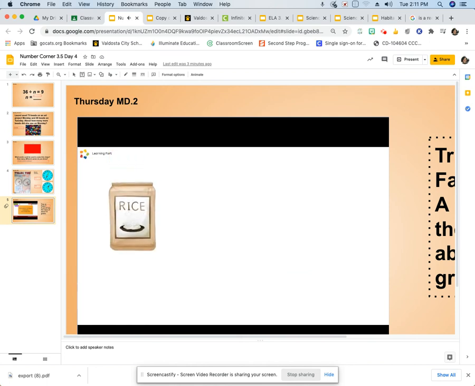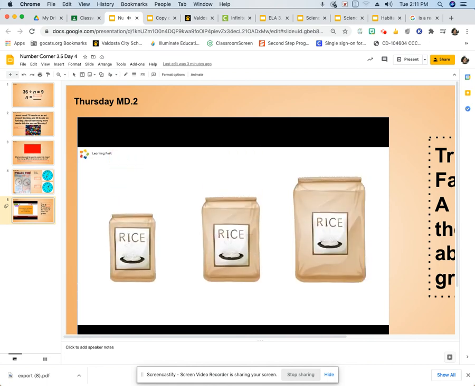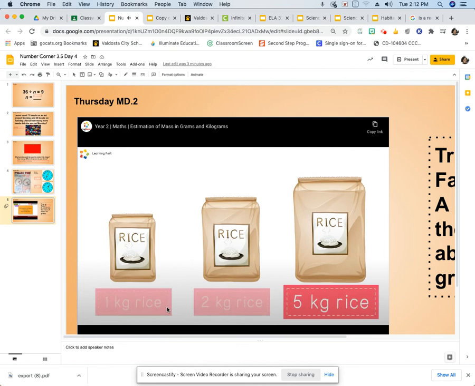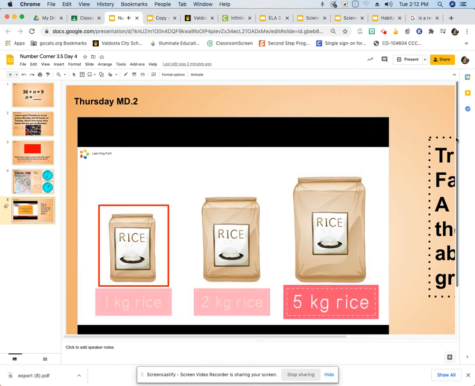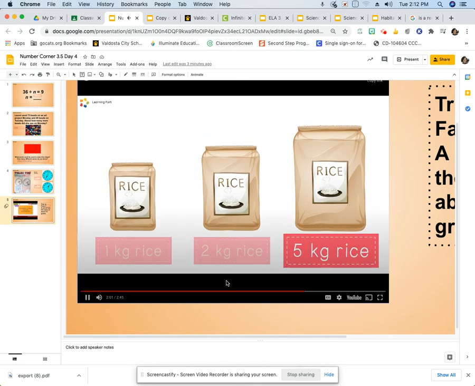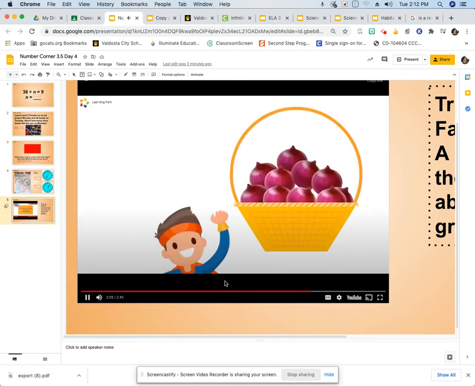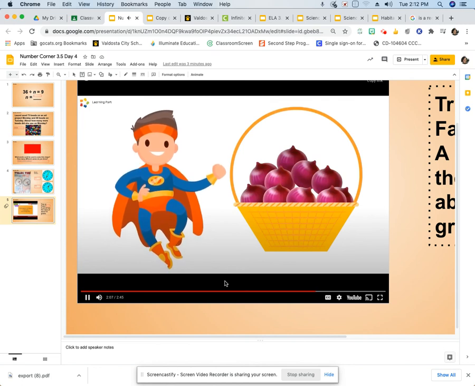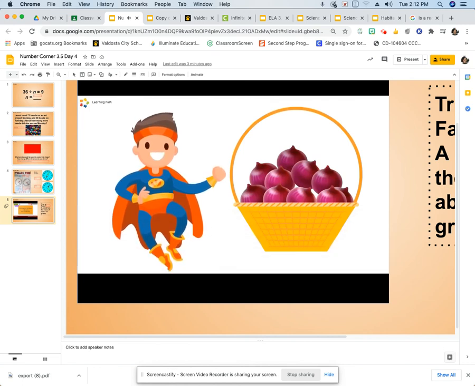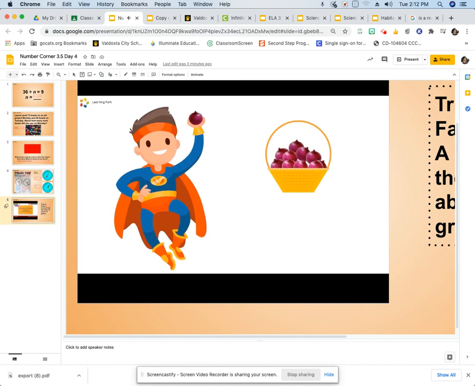I want to buy 5 kilograms of rice. Which one of these should I select? Brilliant! This one is a 5 kilogram pack. This one is too small, and this one is not big enough. I need to carry 1 kilogram of onions. 1 onion weighs around 200 grams.